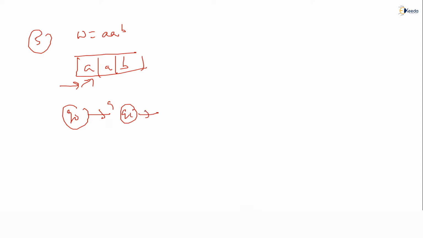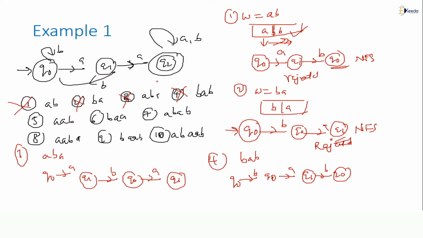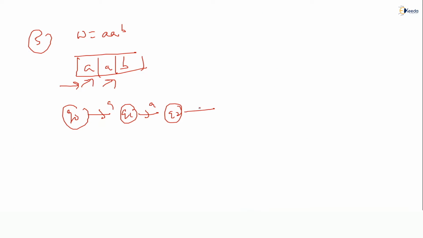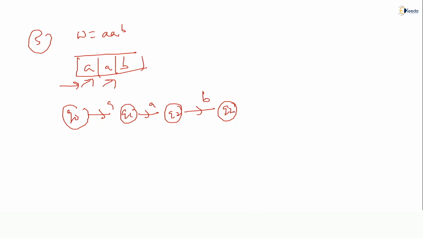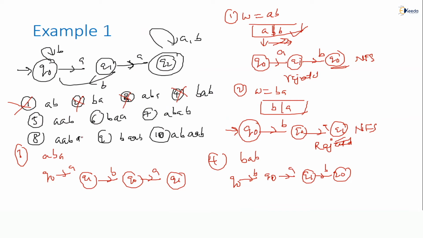Q1 on A, the second symbol A, goes to Q2. Q2 on B, it is Q2 only, a self loop. At the end of the string we reach Q2. Q2 is a final state, so this is accepted. Fifth one is accepted.